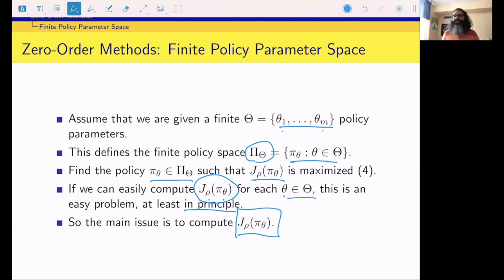But if it is 10 to the power of 40, it is still finite, but we can't really do this search that way. But the idea is clear, hopefully. Okay, so now a question. How can we compute this J of rho of pi of theta for one of these policies? Give me some ideas.